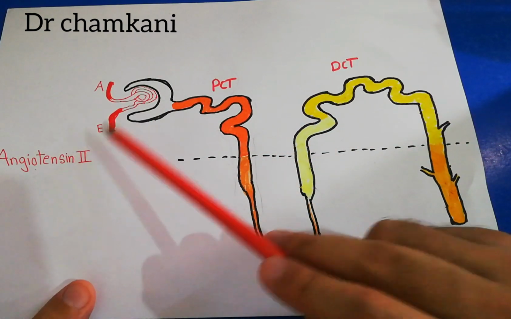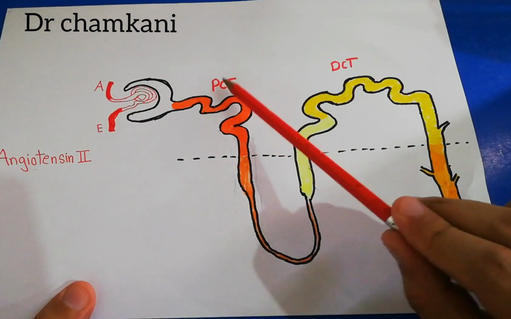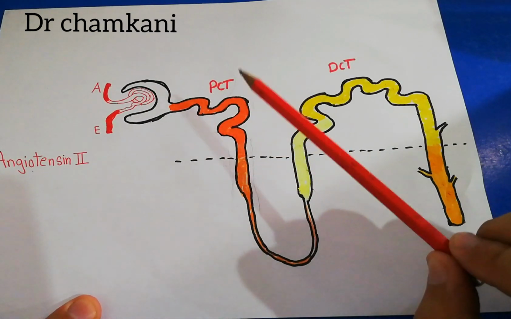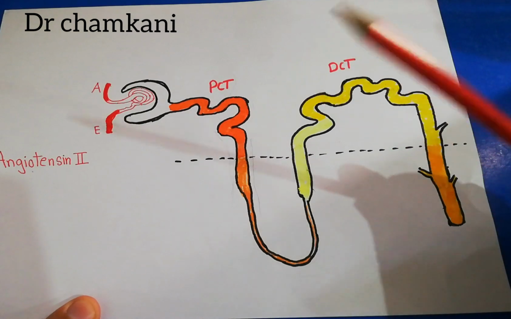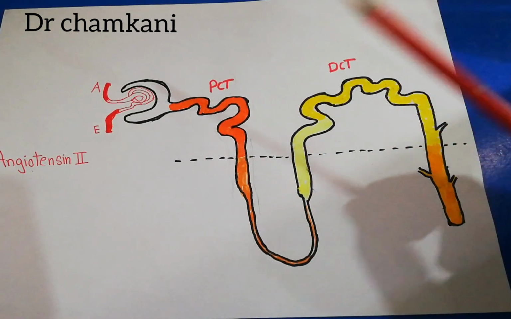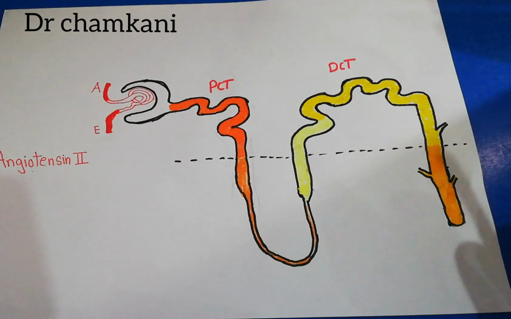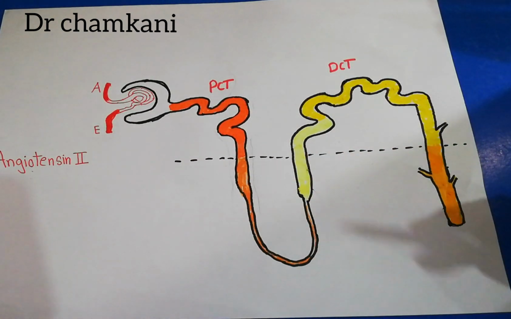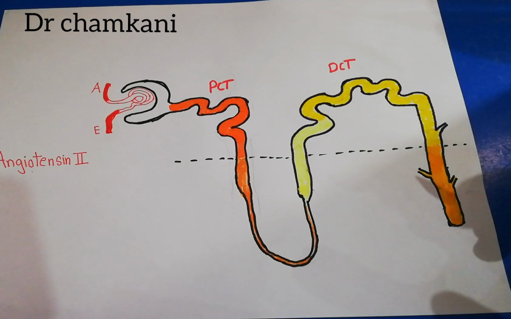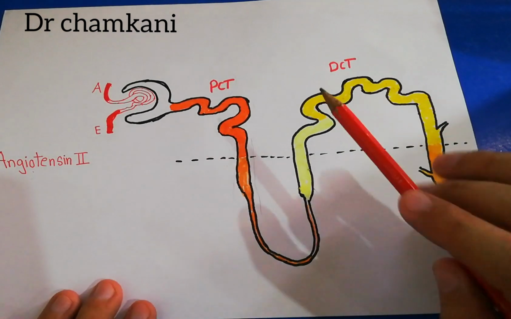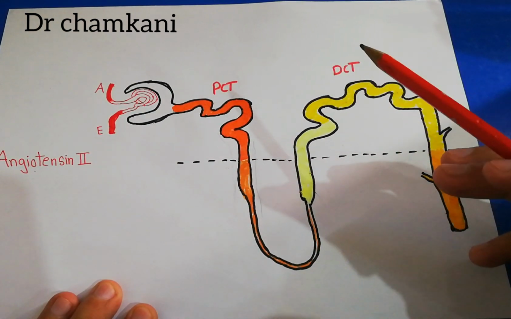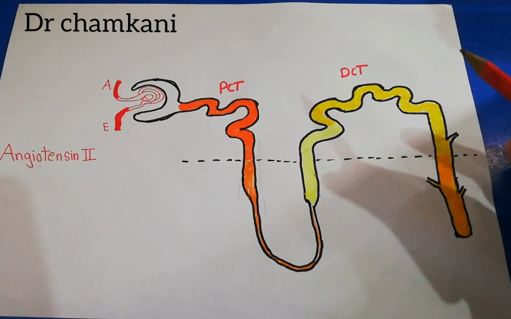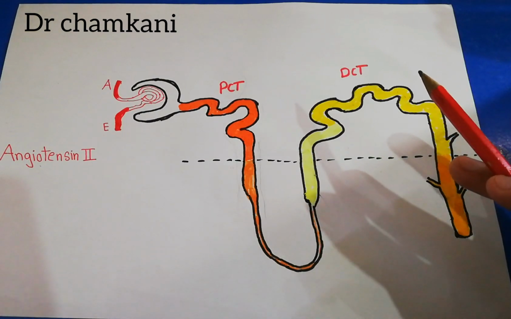And finally, angiotensin 2 will directly stimulate the reabsorption of sodium in the proximal and distal convoluted tubules in two ways: by activating the sodium potassium pump on the basolateral area, and by stimulating the sodium hydrogen pump on the luminal side. So that's the role of angiotensin 2 in the reabsorption of sodium, and in increasing the amount of fluid reabsorption, which ultimately may help in increasing the arterial pressure if the blood pressure has decreased, or it may also help in changing the urine formation process.